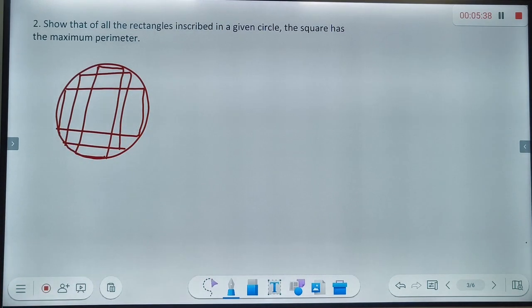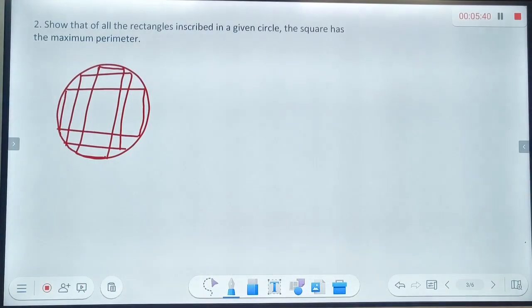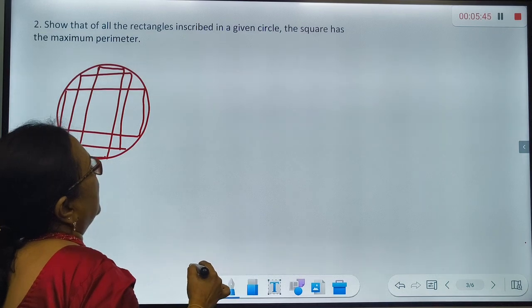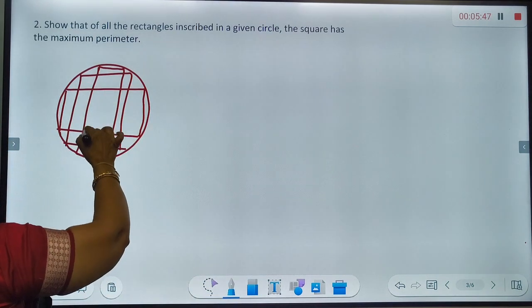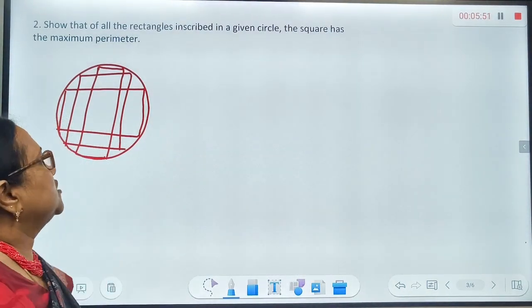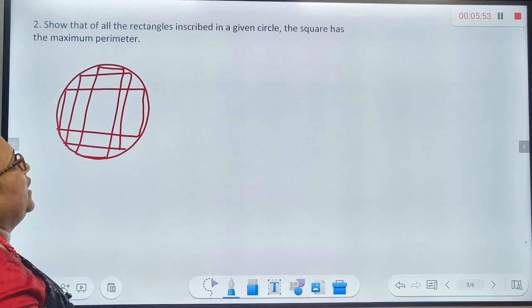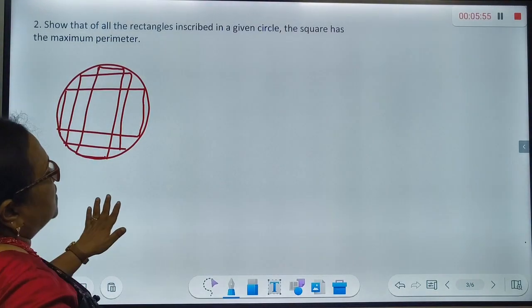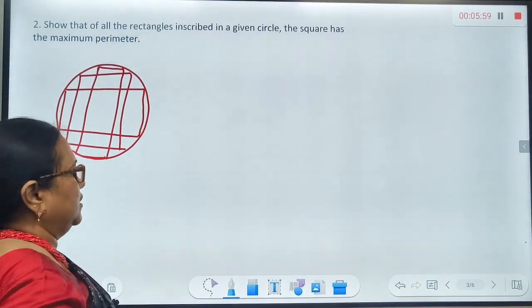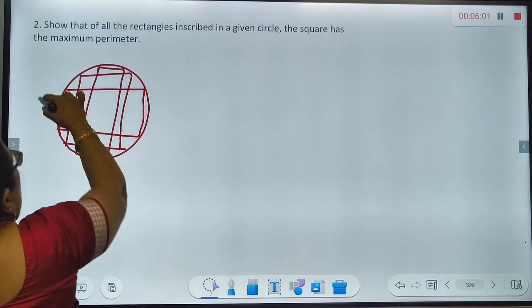Like this, I can inscribe infinitely many rectangles. But we want to prove that of all these rectangles, the one which has the maximum perimeter has to be a square.